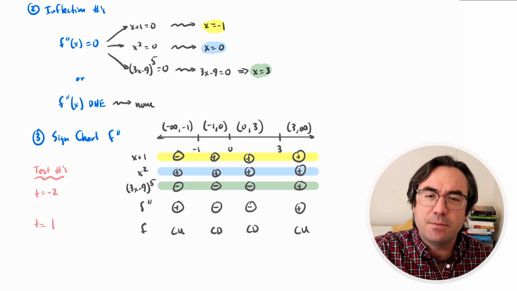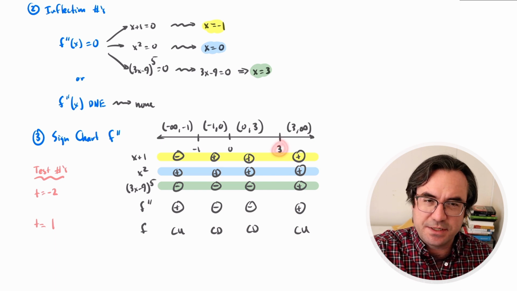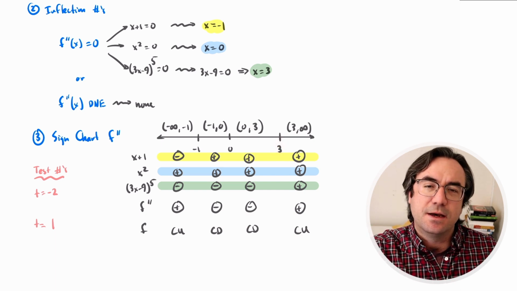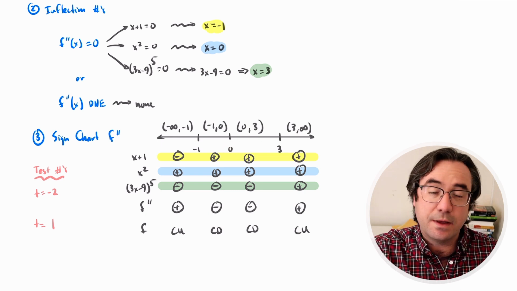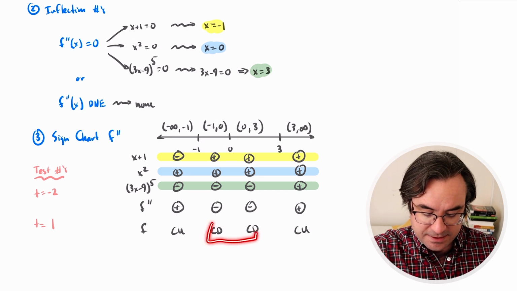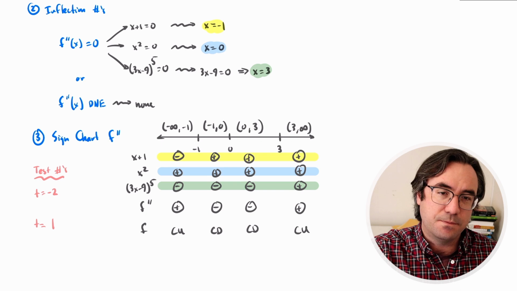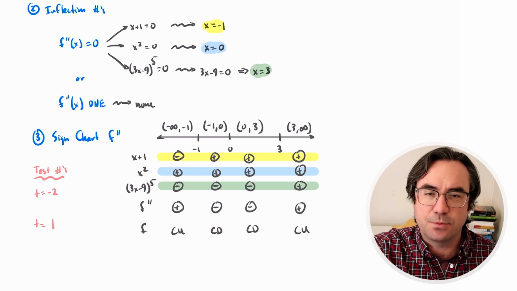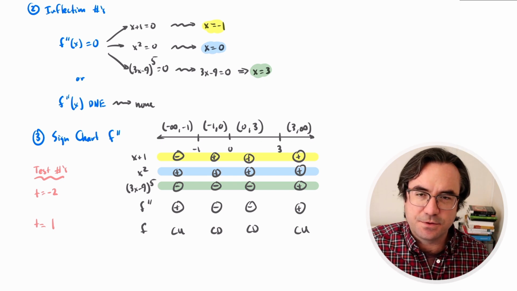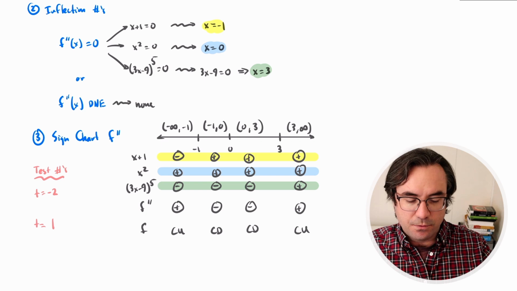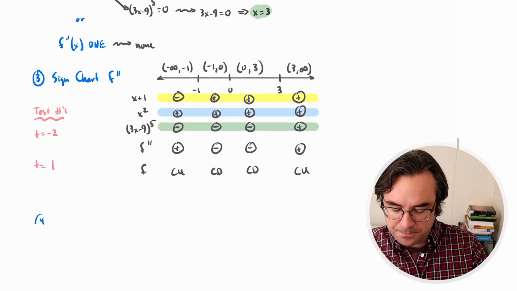We'd need to know whether 3 is actually in the domain or not. And at x equals 0, we're not seeing a change in concavity, so we're definitely not having an inflection point there. But in any case, the question was just asking for the intervals of concavity, so we're ready to write those down.